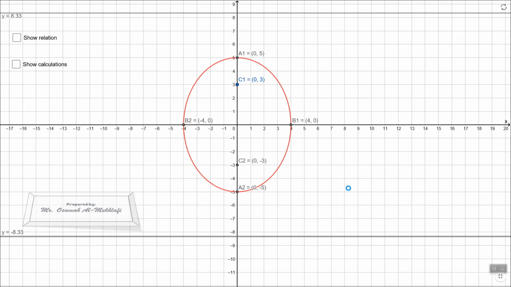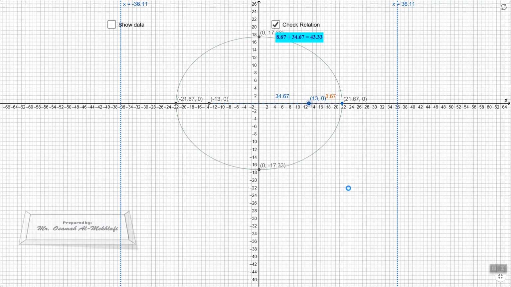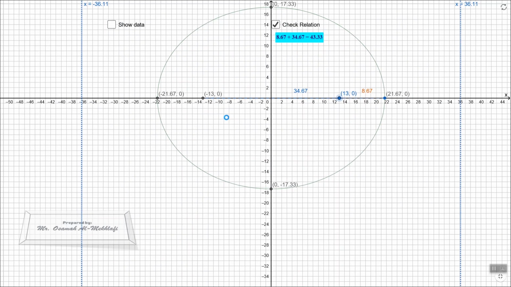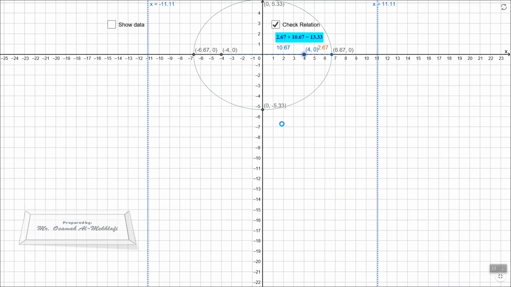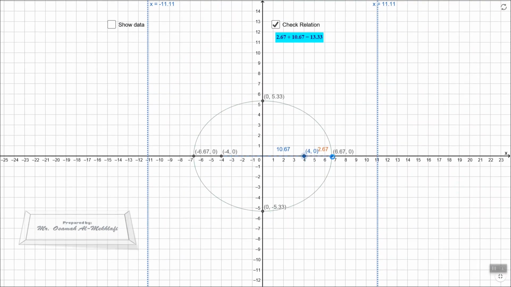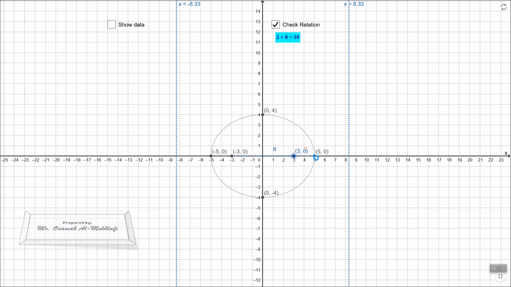Now, there is something important about ellipses that you need to understand. Let's bring this a little bit closer. The distance from here to here, from 50 to -50, all of it, we call the major axis of the ellipse. We call the distance from here to here the minor axis of the ellipse.